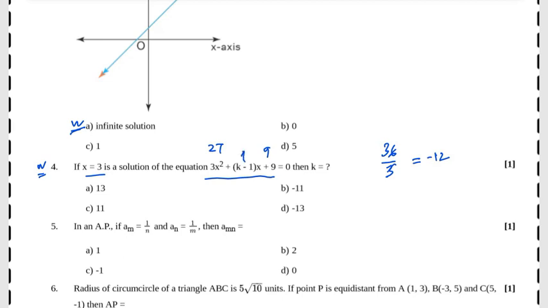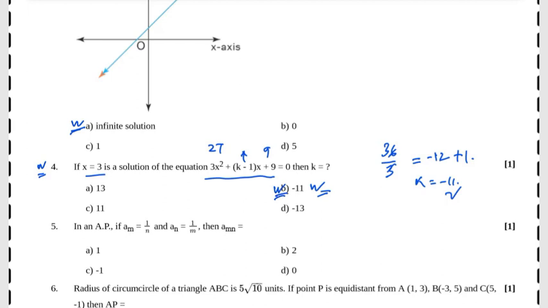Then this one is moved to the right hand side, then plus 1. So k will be minus 11. Minus 11 is in option B. So the correct option of the question number 4 will be B.